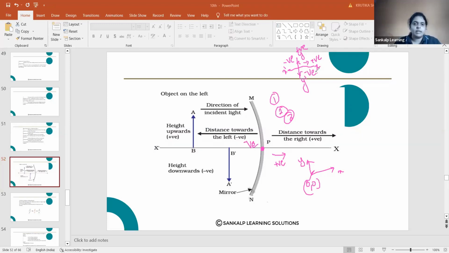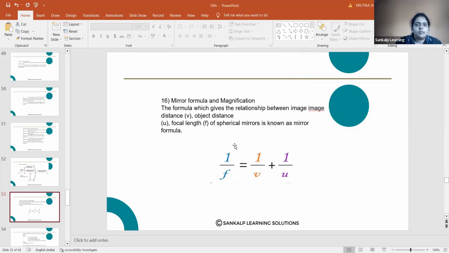This will help us to calculate the numericals in the upcoming slides. I hope the sign convention is clear to you. Here we have the formula connecting the radius, focal length, image distance, and the object distance. What is object distance?